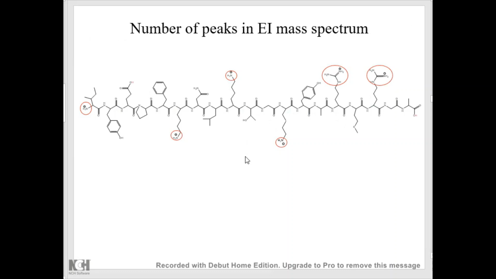Now let's determine the number of peaks in the electrospray ionization mass spectrum. In order to do that, you have to redraw your peptide in fully protonated form. So all groups are protonated. The difference of this structure with the previously shown structure is minor. Basically I have my carboxylic groups protonated.